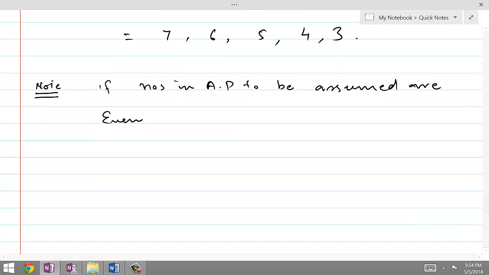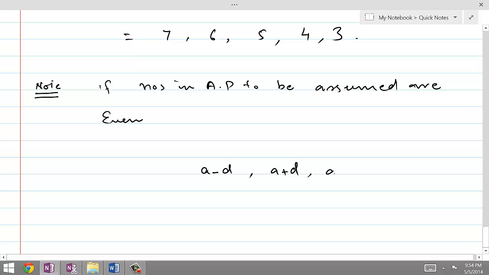Then what we do, there are two middle numbers. What we do, a minus d and a plus d. And remember, the common difference between them is 2d. If you subtract a minus d from a plus d, the answer is 2d.